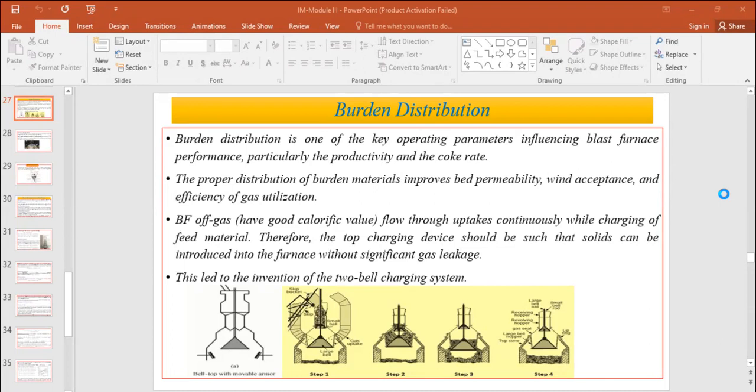We basically send this raw material from the stockyard to the respective departments through the conveyor belts, where these raw materials are stored in the bunkers, or you can also call them silos.